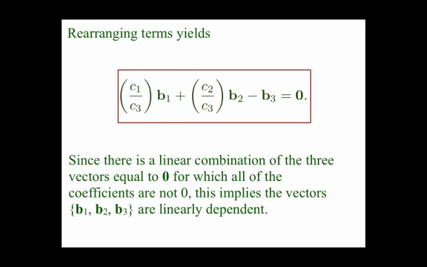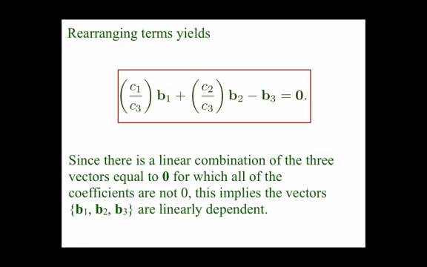Now what does that mean? Well, since there's a linear combination of the 3 vectors equal to the 0 vector for which not all of the coefficients are 0, this implies the vectors B1, B2, and B3 are linearly dependent. And that's because our definition of linear independence states that the only way the set of vectors is linearly independent is if the only way to combine them and get the 0 vector is for all of their coefficients, or weights, to be equal to 0.